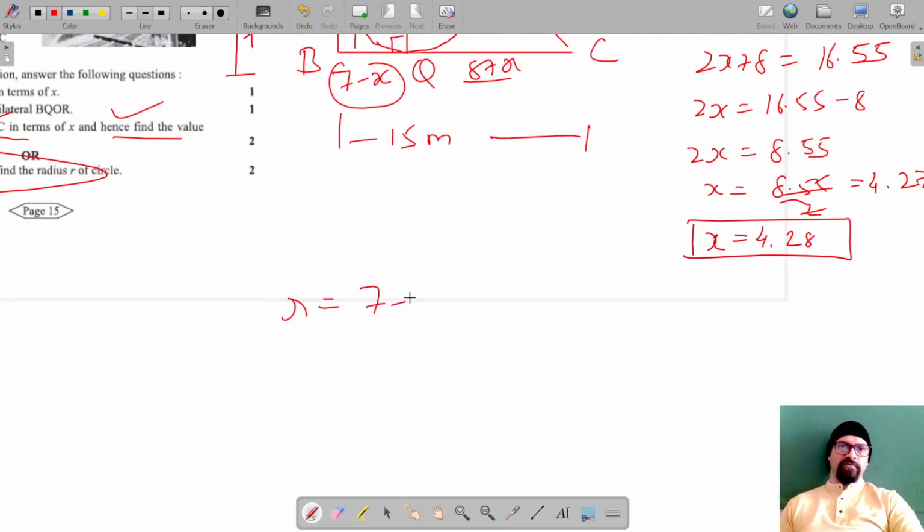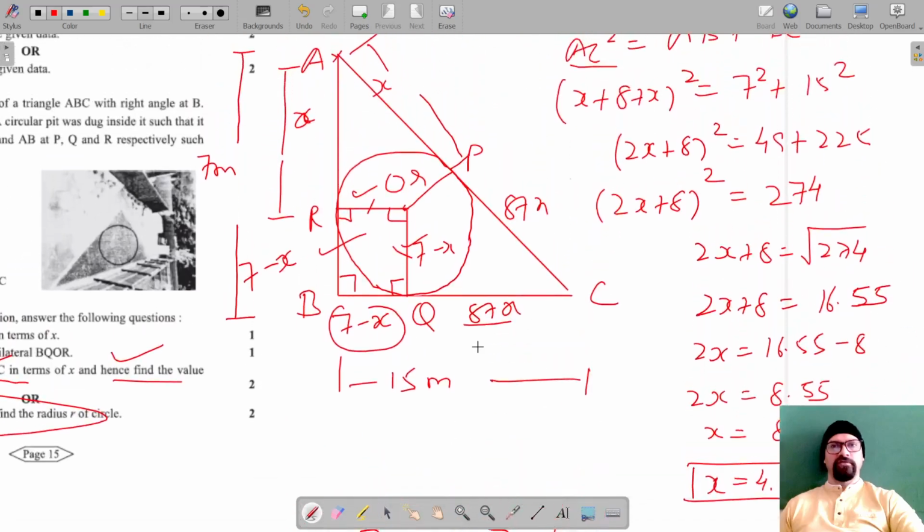So R is equal to 7 minus 4.28, which gives us 2.72 meter approximately, the radius of the circle.